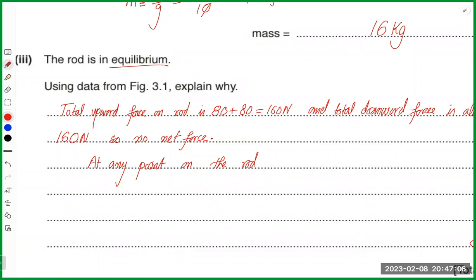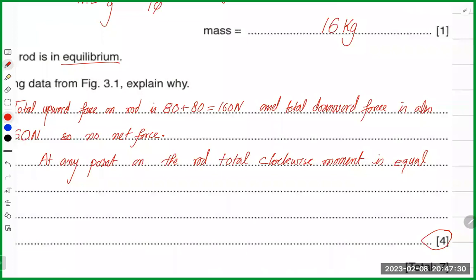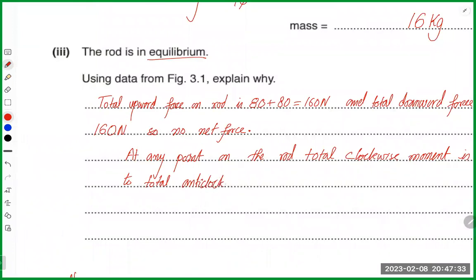At any point on the rod, total clockwise moment is equal to total anti-clockwise moment about the same point.